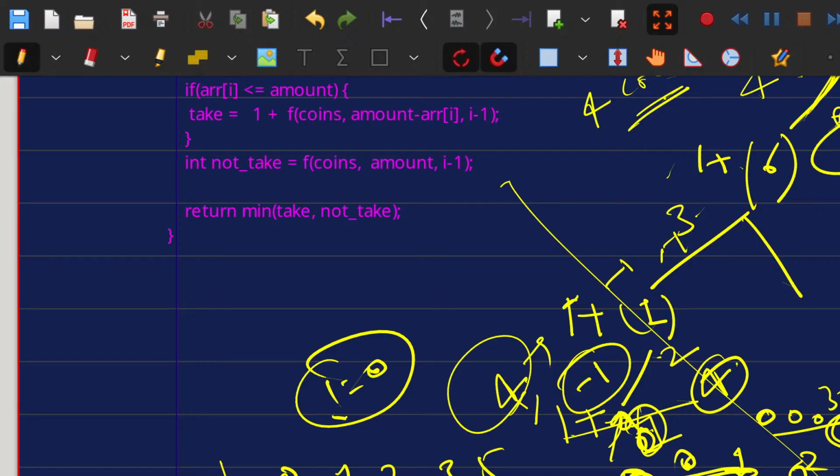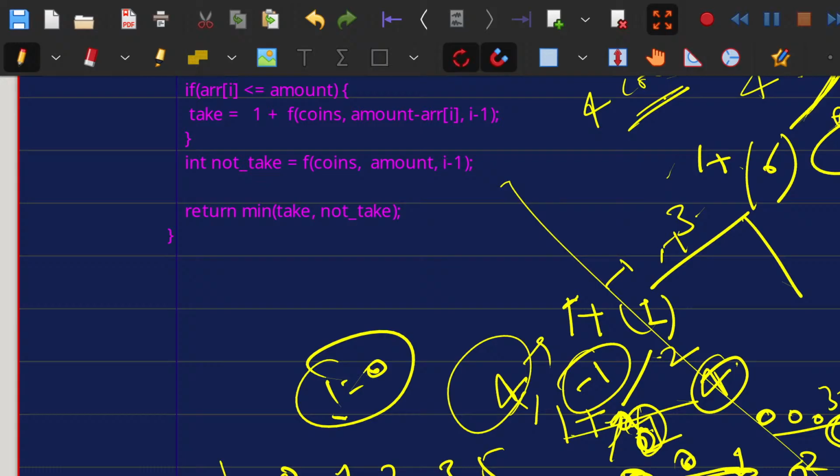Okay, then we can look into it. So i minus 1 is what? i should be from 1. i equal to 0 is full.